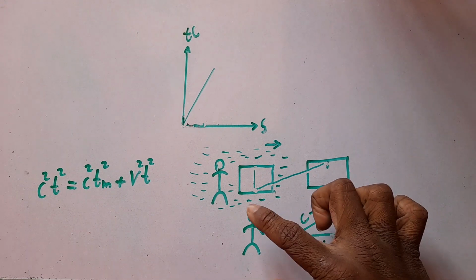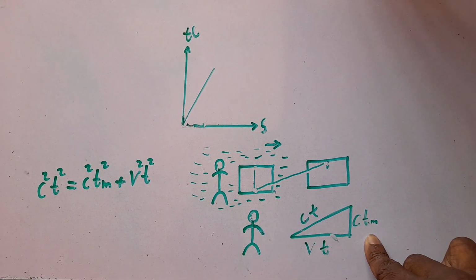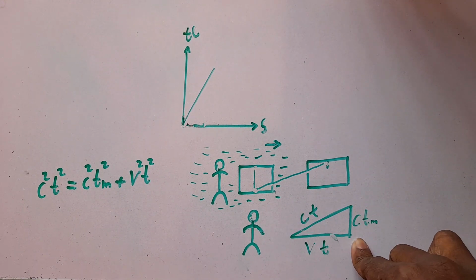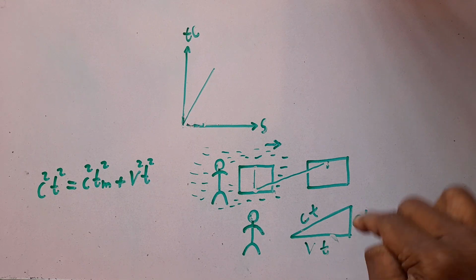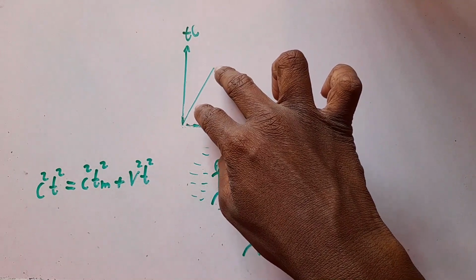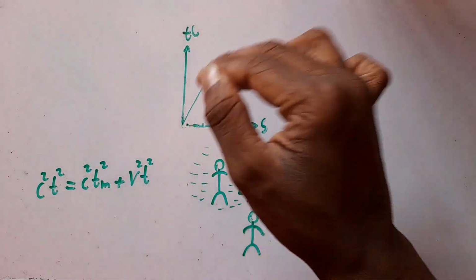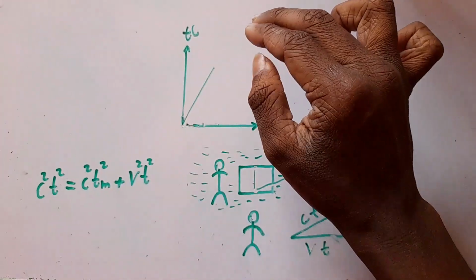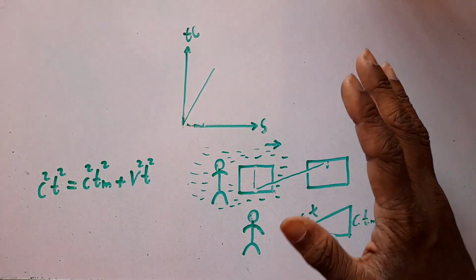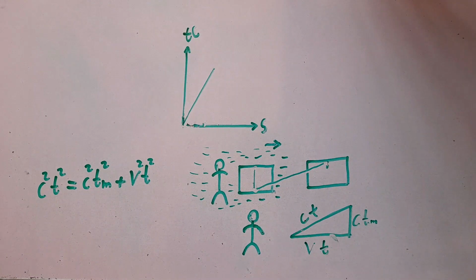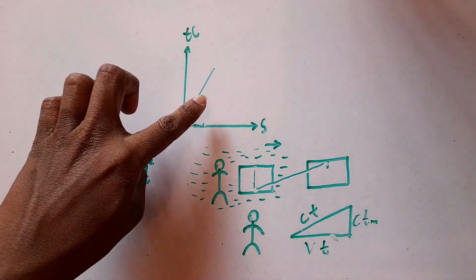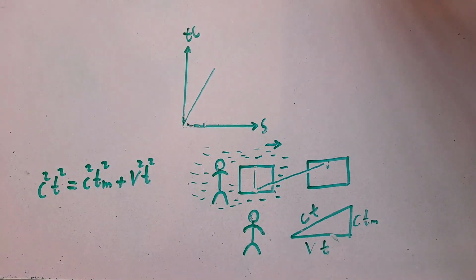So the time experienced by him is tm, and we multiply it by c, and then we get the length of this. The length of the space-time trajectory is always equal to the time experienced by the observer, so this is going to equal c times tm.